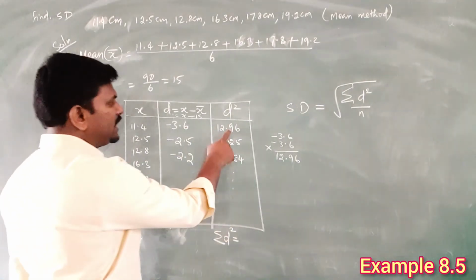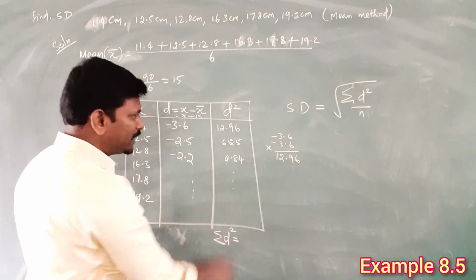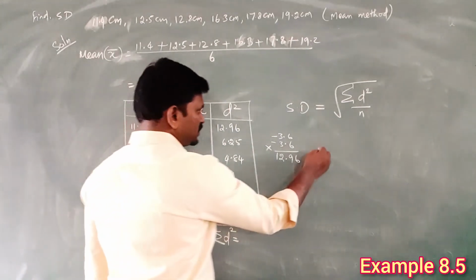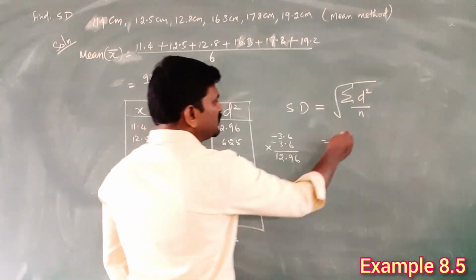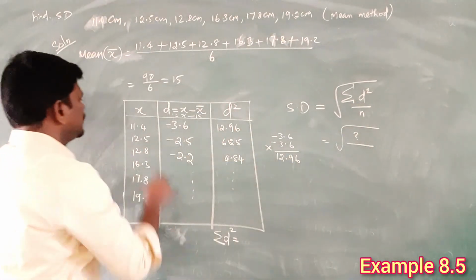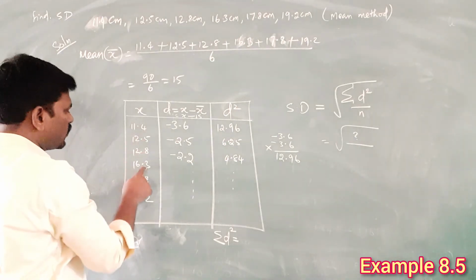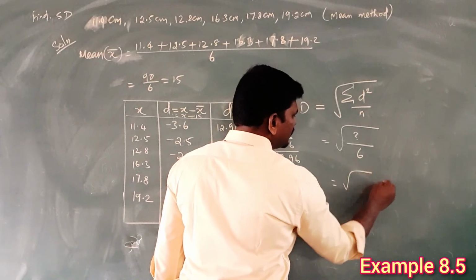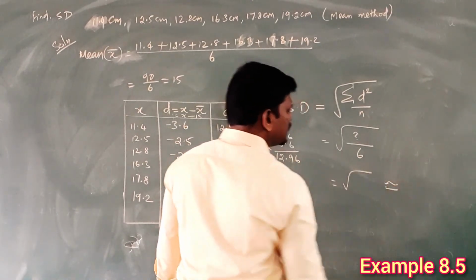Then we have to add all the d squares and find their sum. Then we substitute this value here, divided by the number of data, 1, 2, 3, 4, 5, 6, so 6. Then we find the square root of that.